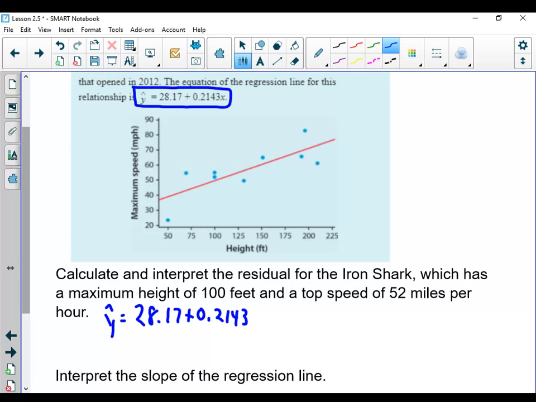Yeah, the height is labeled on the x-axis. So we're actually going to plug in the 100 here, because height was x. And so when you do that, you end up with 49.6.